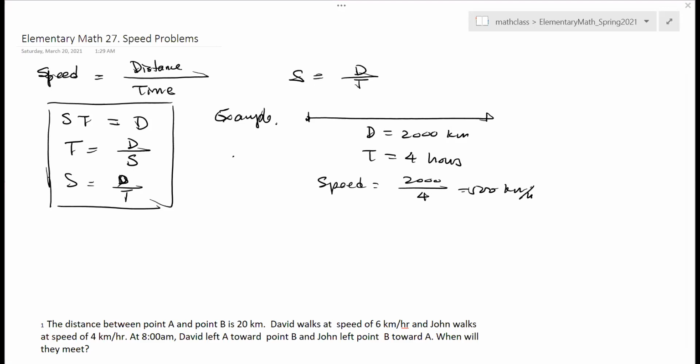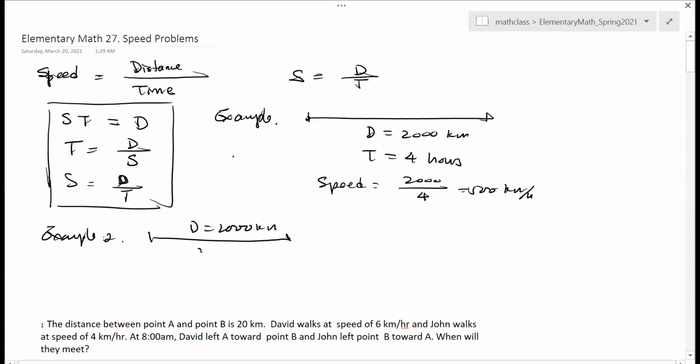Now, here's the second example. If you know the speed, and if you know the distance, right? Speed is 500 kilometers per hour.